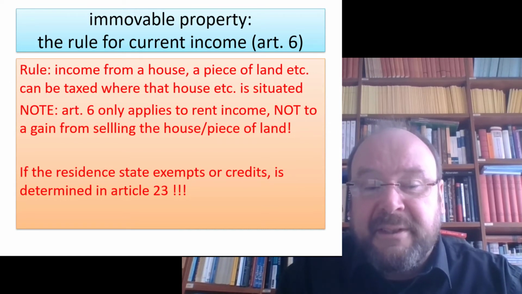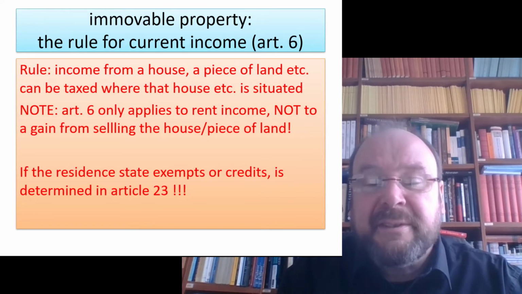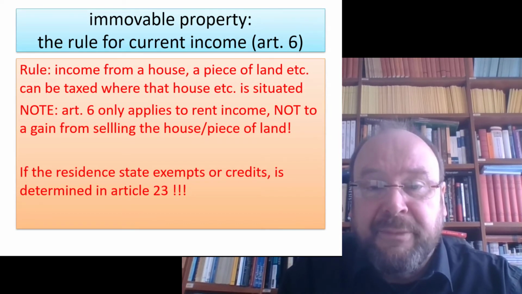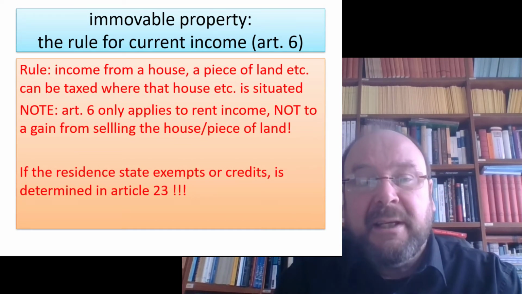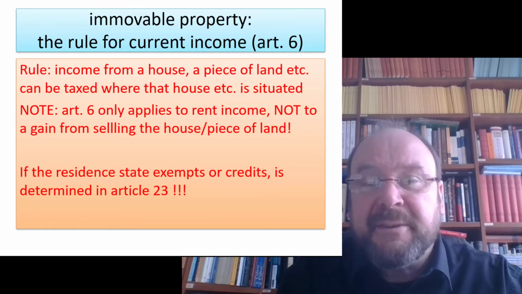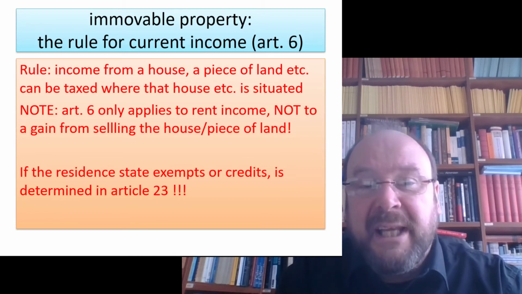What the residence country is going to do is then defined as you know it in Article 23, so either exemption or credit method. An additional remark is necessary. Income from immovable property is also income from agriculture, forestry, a farm, and so on, because all that is regarded as income from land.